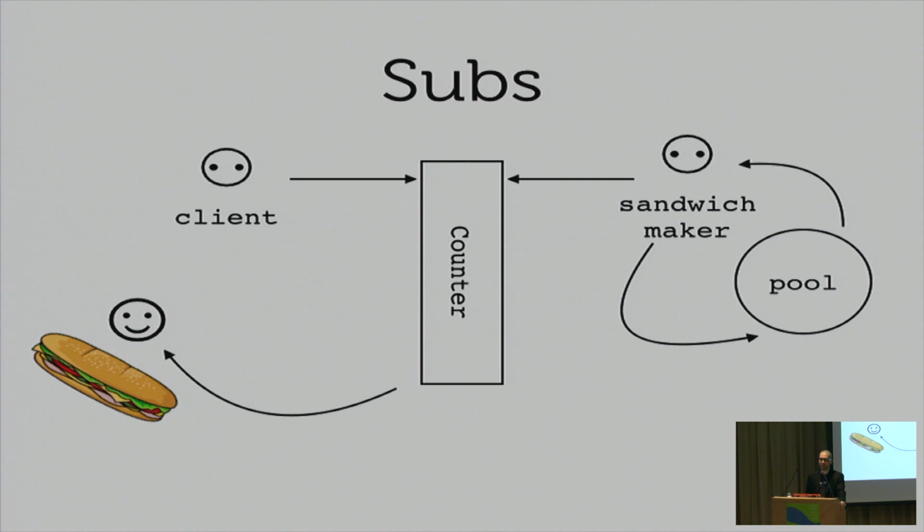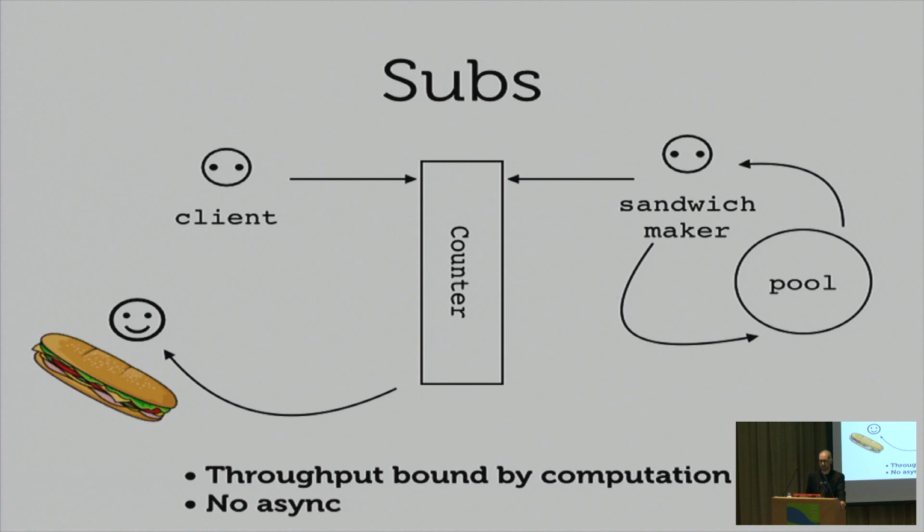So this is like a web application with no database, no I/O. It's bound by the speed of its CPU. This might be a cryptographic service that signs requests or does some other sort of heavy computation. You can make your processors faster, or you can add more processes until you have as many processes as you have CPUs.